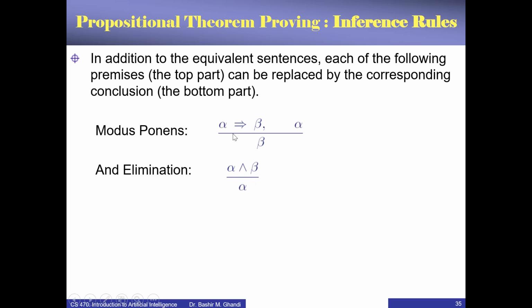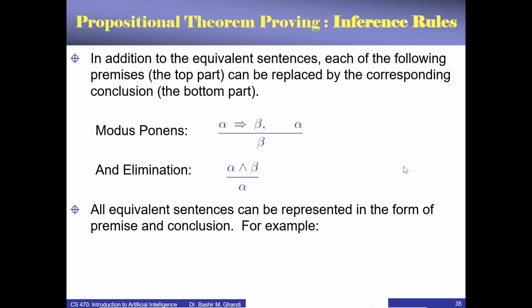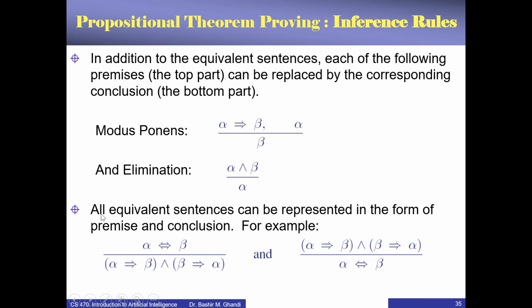Now notice that in this case, the opposite is not necessarily the case, and you cannot have beta at the top and these two at the bottom. Whereas for the equivalences, we can swap them. All equivalent sentences can be represented in the form of premise and conclusion. For example, the bidirectional alpha if and only if beta, we said is equivalent to this, so this as the premise will give this as the conclusion.